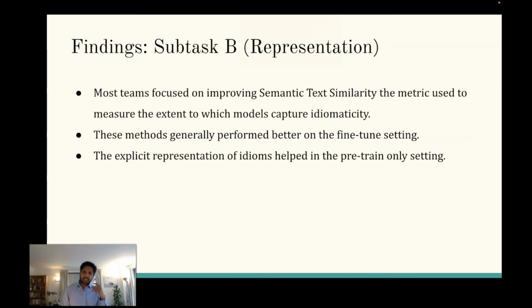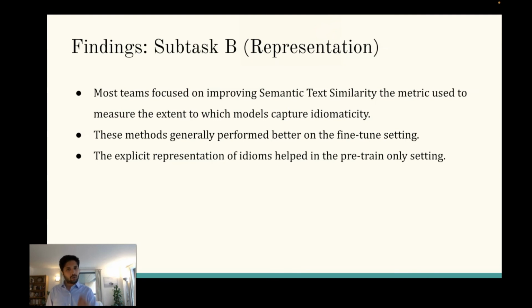In terms of subtask B, which involved the representation of idiomaticity, a lot of teams focused on improving semantic text similarity, as that is the metric that we use. In general, these methods performed better again in the fine-tune setting, where some data is provided.